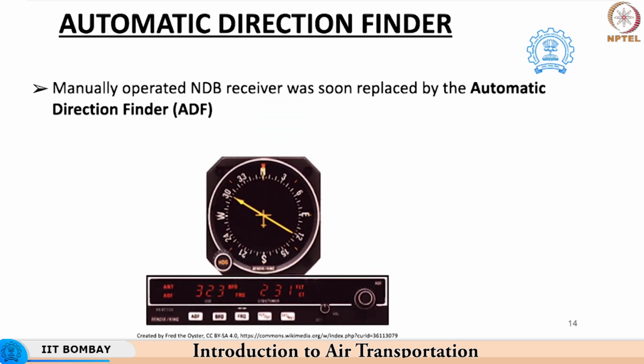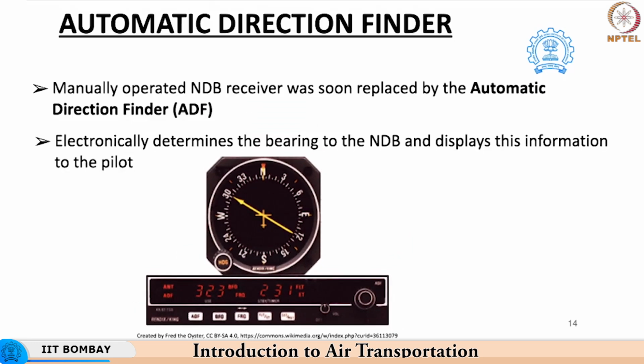What this equipment basically does is electronically determine the bearing of the NDB and display this information to the pilot, and hence the cumbersome part related to tuning to a particular frequency and subsequently adjusting the direction finder to home towards a particular radio station is reduced, and hence the workload of the pilot is significantly reduced.